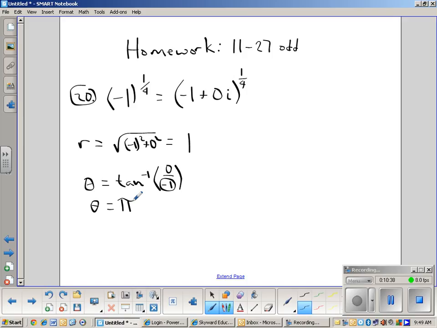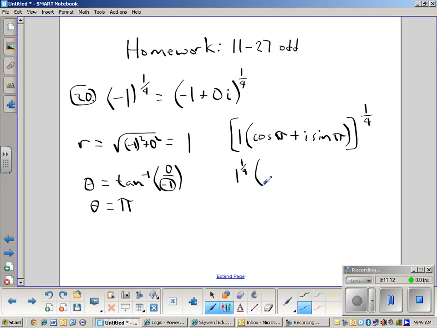Okay, so if we set this up, we get cosine pi plus i sine pi, to the 1/4. So that we don't make the mistake of ignoring r when it's not a 1, I'm going to carry the 1.